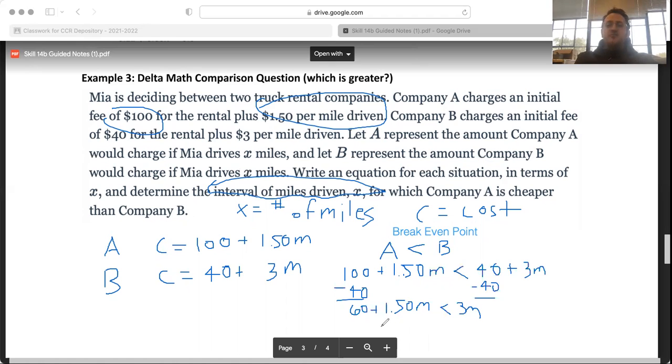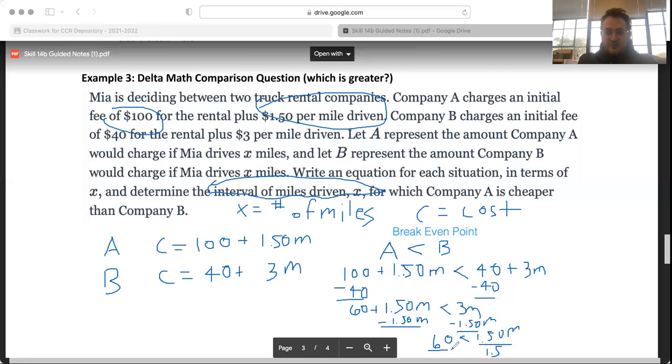And I'm just going to subtract the $1.50 M again on both sides. So I'm going to get 60 is less than $1.50 M. And I'm just going to divide by 1.5.